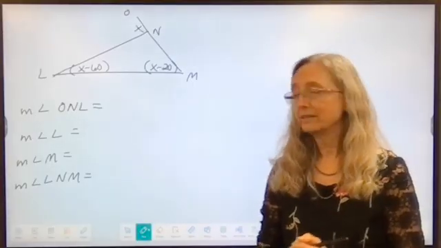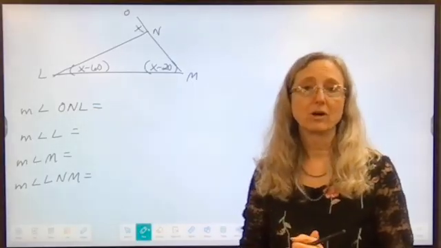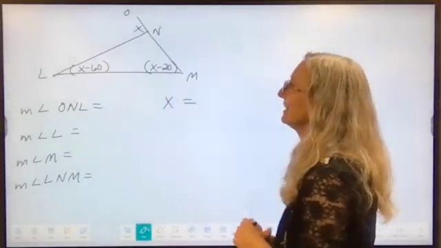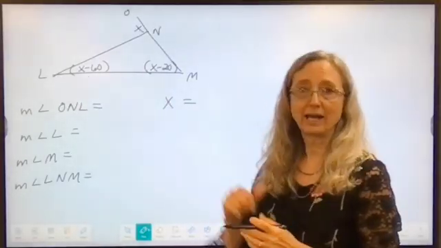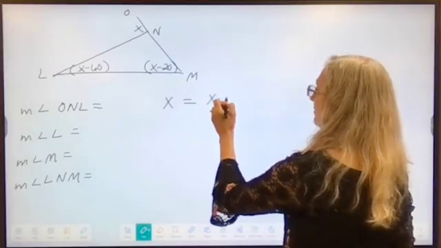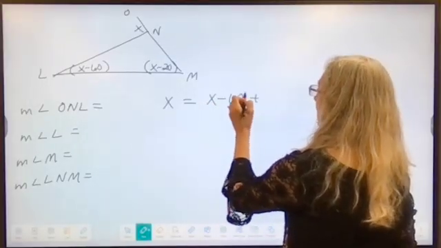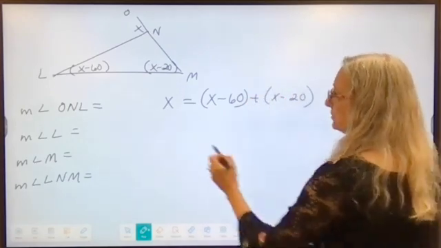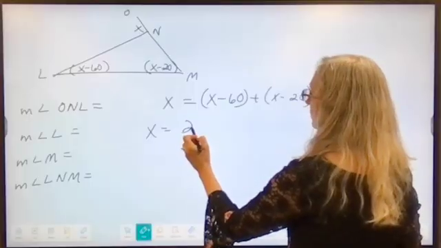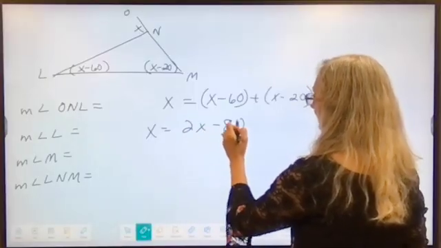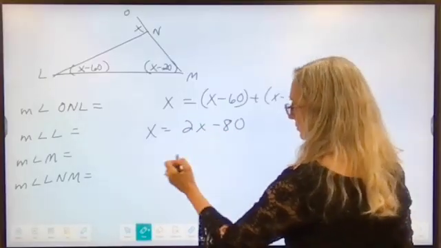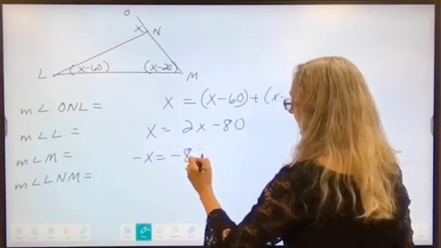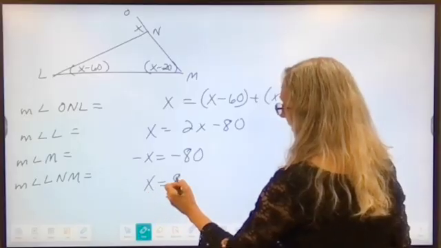Okay, so hopefully if you tried to find this one first, you realize that exterior angle x is equal to these two added together, which is x minus 60 plus x minus 20. So when you simplify that, you got 2x minus 80. And when you subtracted 2x, you got negative x equals negative 80, which means x equals 80.